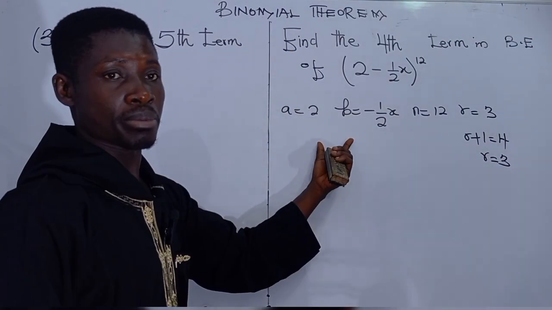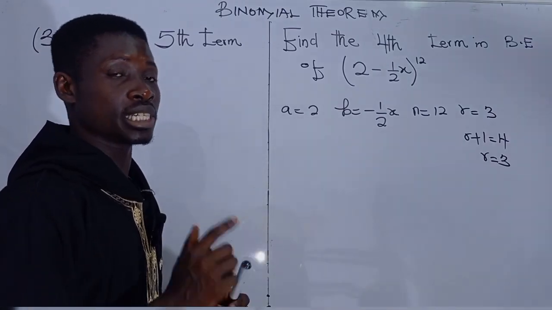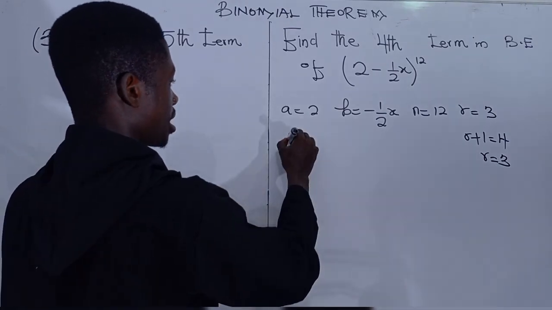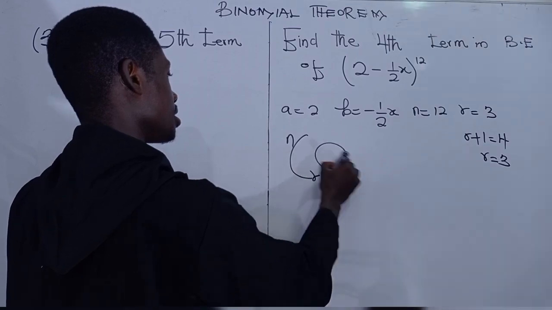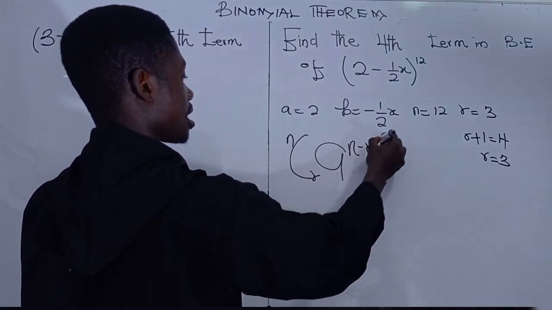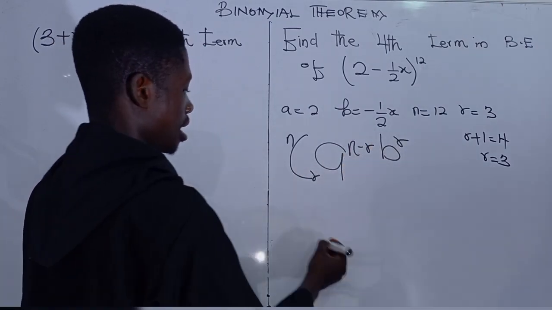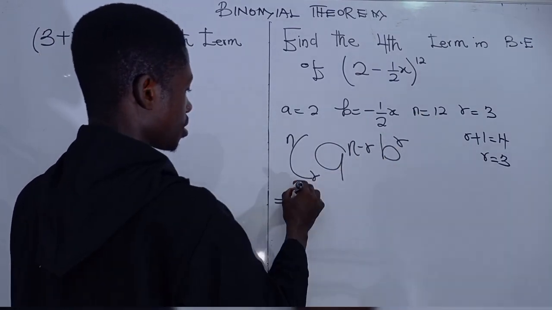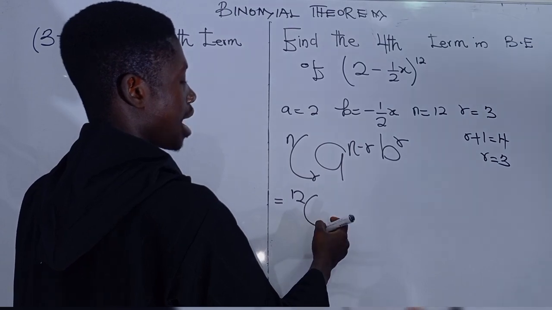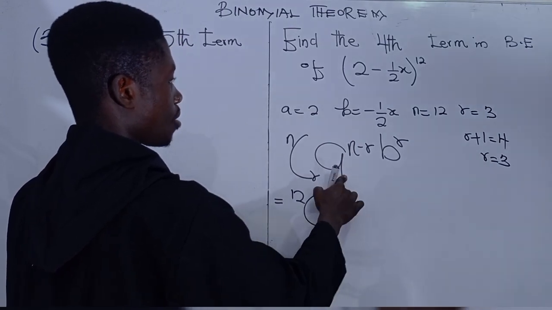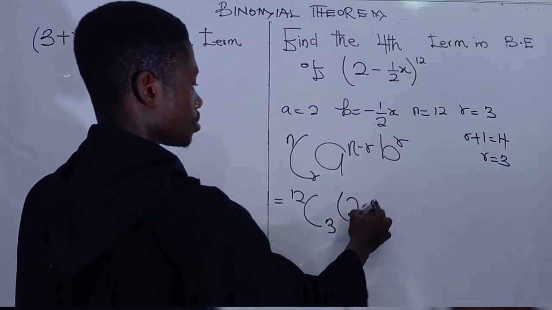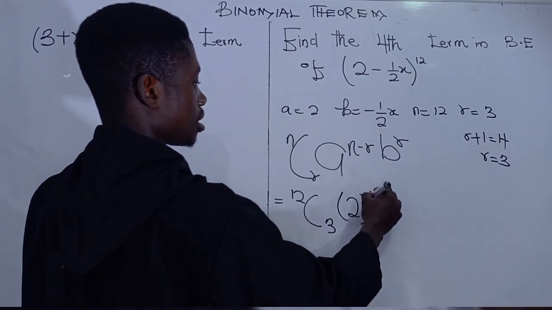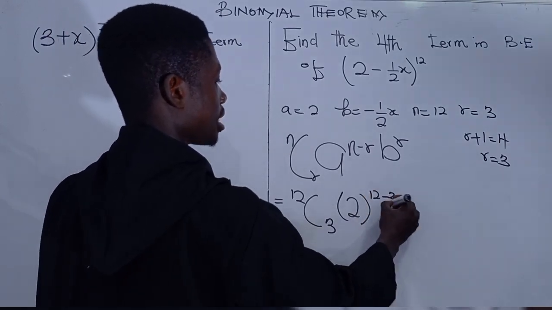Now that we have these parameters, we can substitute them into the general term formula. So we have n combination r, a raised to the power n minus r, b raised to the power r. From here, our n is equal to 12, our r is equal to 3, our a is 2, raised to the power 12 minus 3.